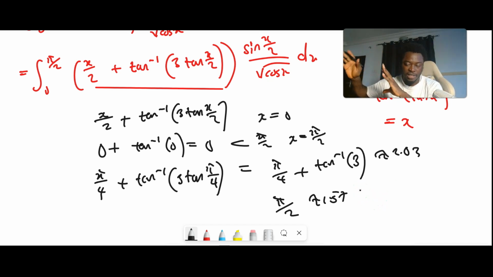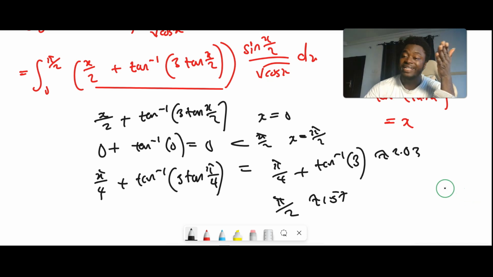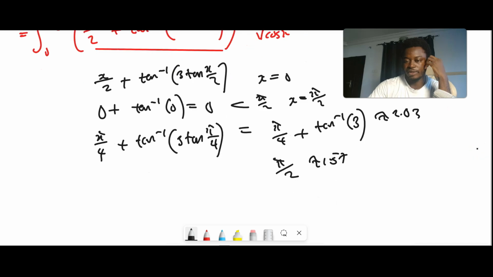Now with x being bigger than 0, at some point it became bigger than pi over 2. Now the task is to look for that point where it became bigger than pi over 2. So first off, we're going to try to find where it is equal to pi over 2.